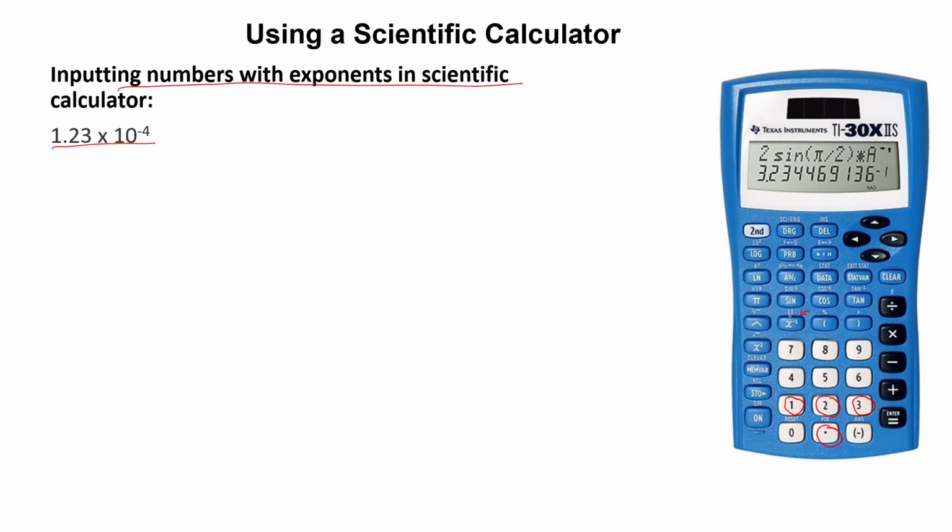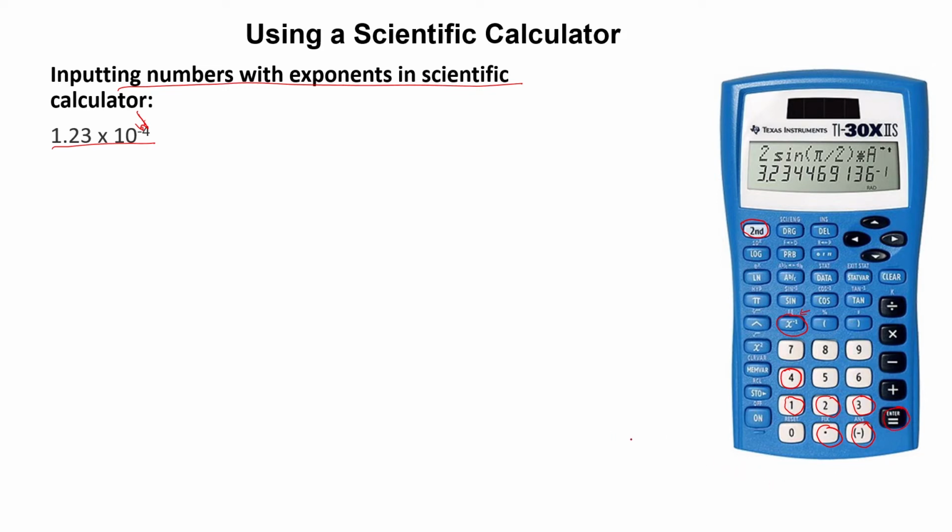Since I'm using it, I have to first press this second key, and then press this, and then I will use this negative sign that is in the bracket for the negative exponent that I have here. And then at the end I will press 4 and then equals just to see my answer.